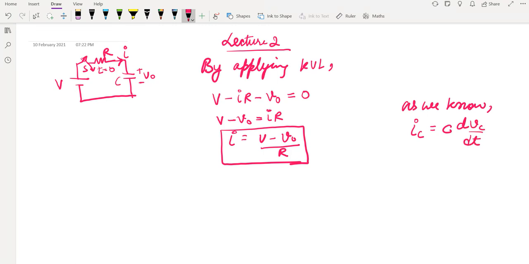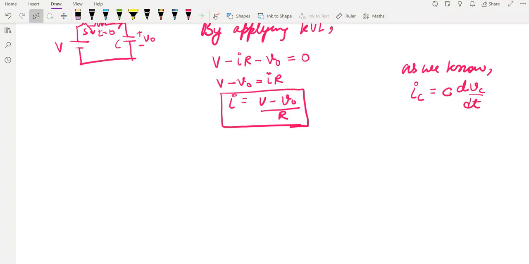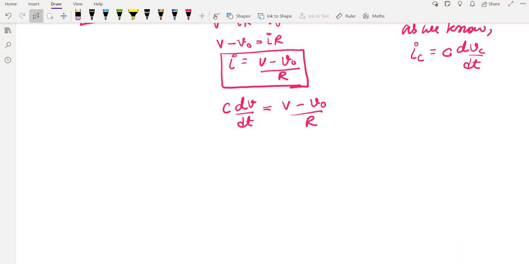So we can write this current as C into dV by dt is equal to (V minus V0) upon R. Now we take the Laplace transform.